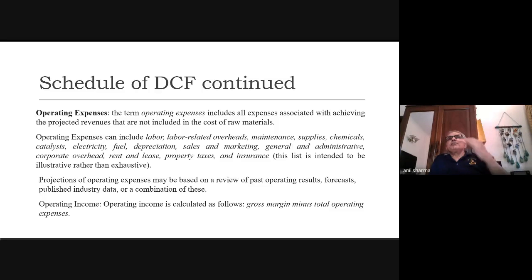Now you get a gross margin, and you reduce operating expenses from that, which is basically all the labor expenses, maintenance, and in, let's say, a process industry, chemicals, catalyst, electricity, fuel, depreciation, sales and marketing expenses, and general and administrative expenses. All of these are called the operating expenses, right? And when you reduce this, you get what is called the operating income, right?